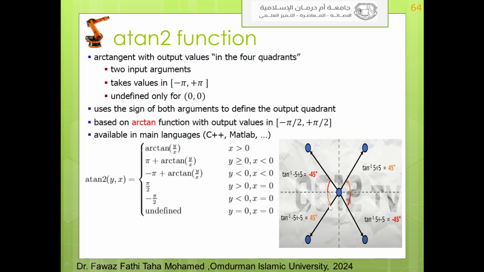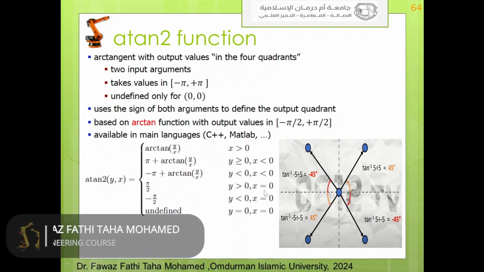minus pi, because this angle is in the opposite direction, in the clockwise direction. When the angle is in the clockwise direction, the sign of the angle will be negative: minus pi plus 45, okay, minus pi plus arctan.